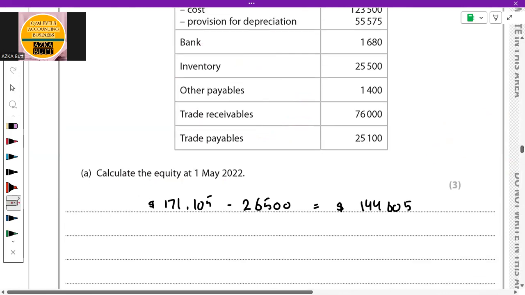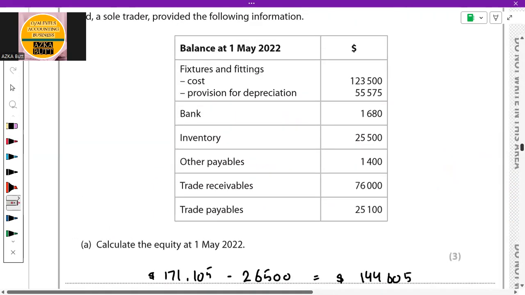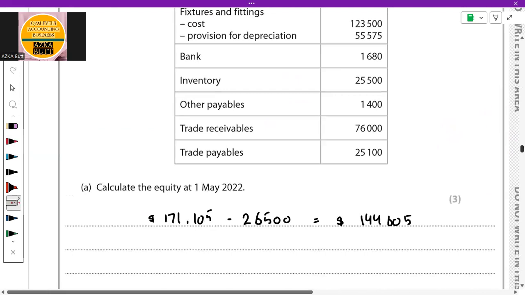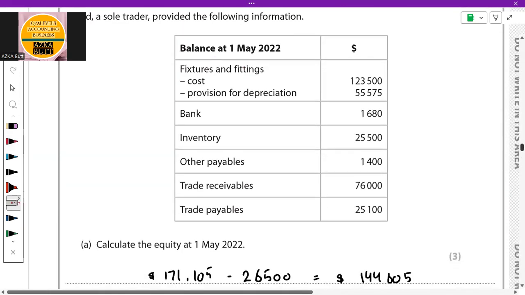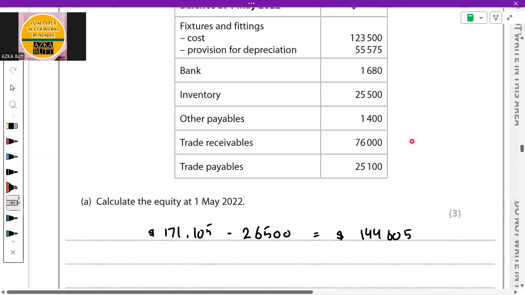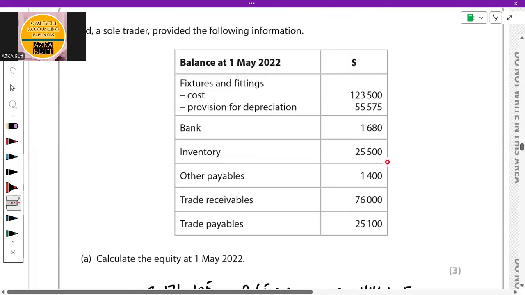Okay, so for finding out the equity, this is very simple. For finding out the total equity, first of all, we have to find out the total assets and total liabilities. Okay, so this is now very easy.